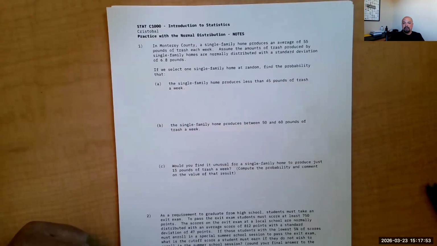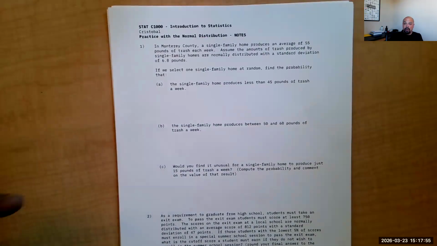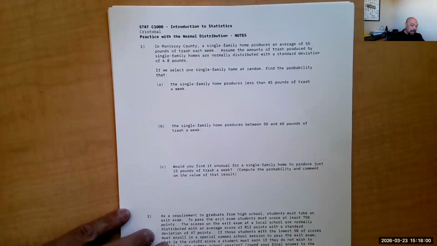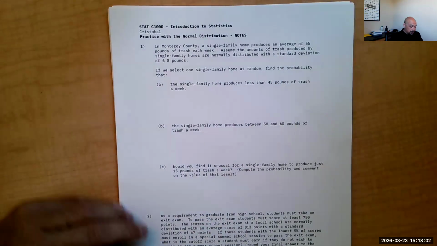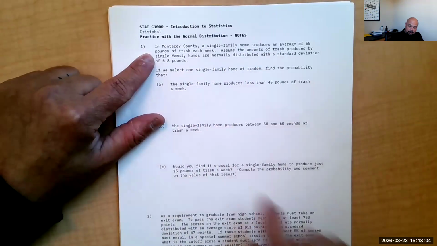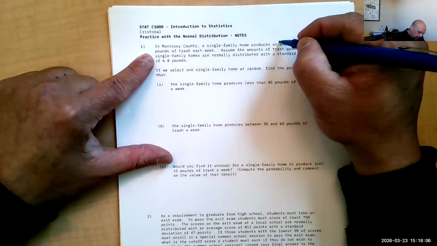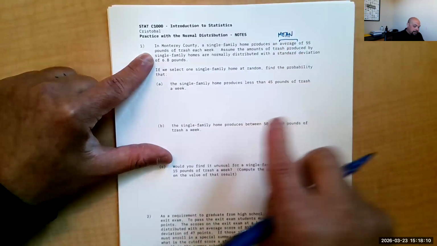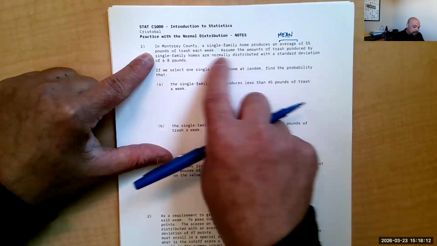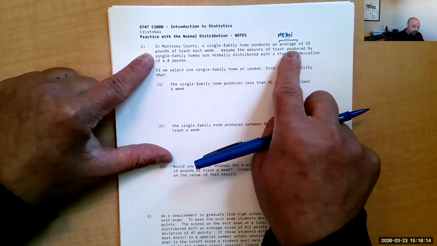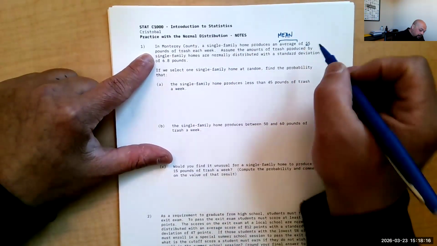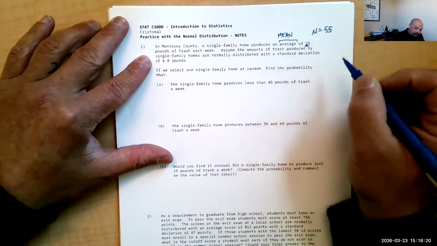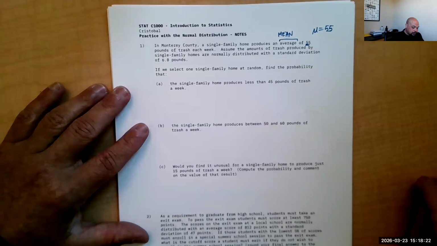I kind of made up some of this data, but you can imagine going through public records or bigger data sets to identify this information. When we see the word average, this is like our mean. So there's our value for mu, 55 pounds of trash.